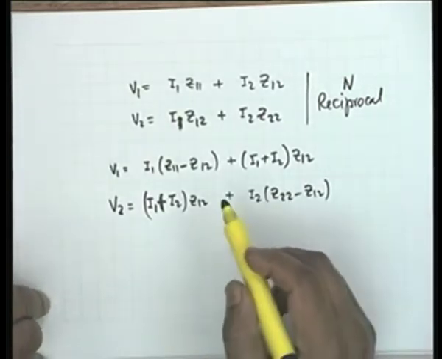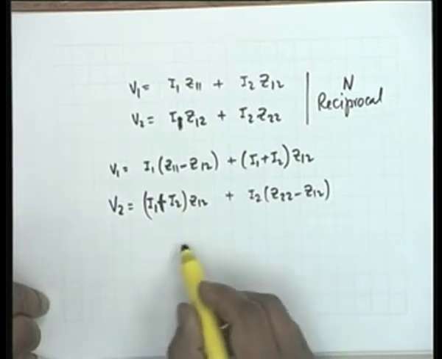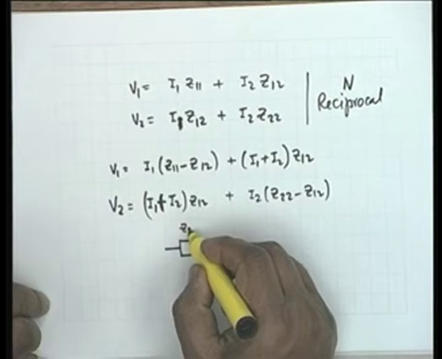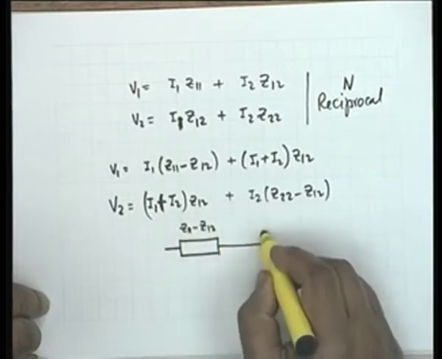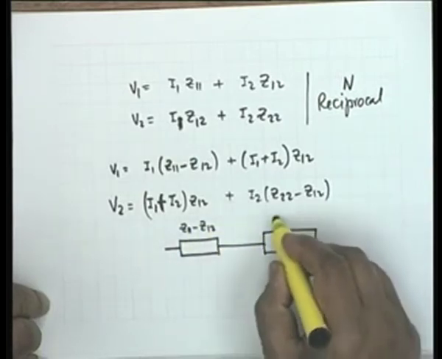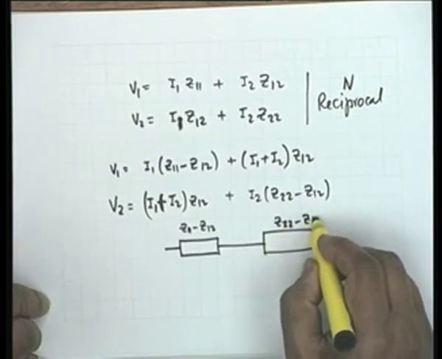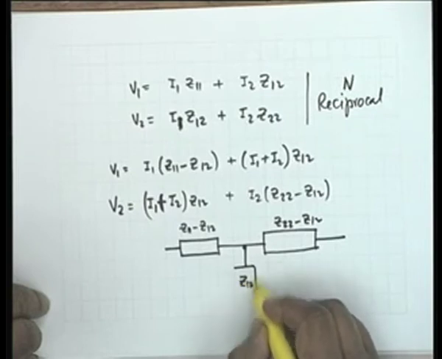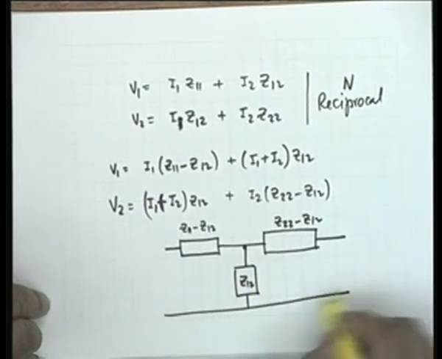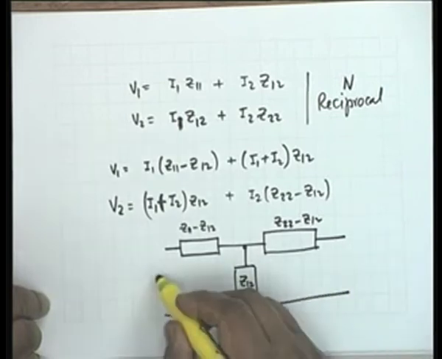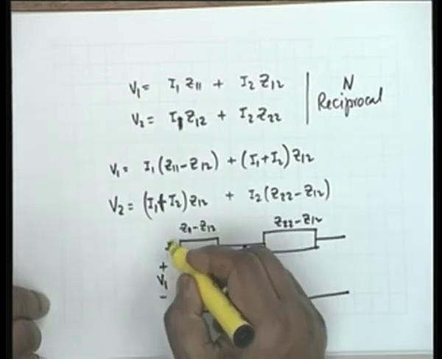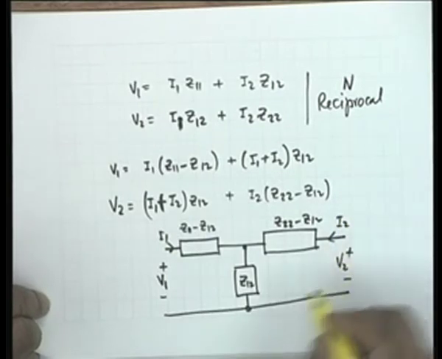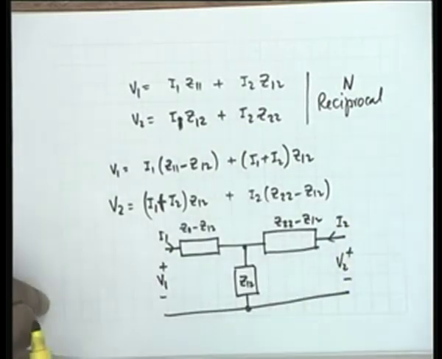But this step shows that if I have 3 impedances like this, Z11 minus Z12, then Z22 minus Z12, and a third impedance here which is exactly Z12, then this network is a 3 terminal network.